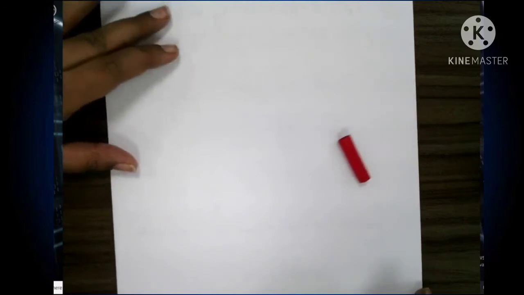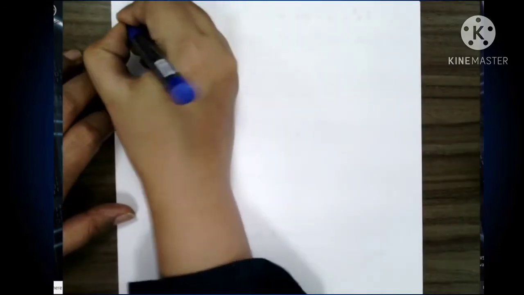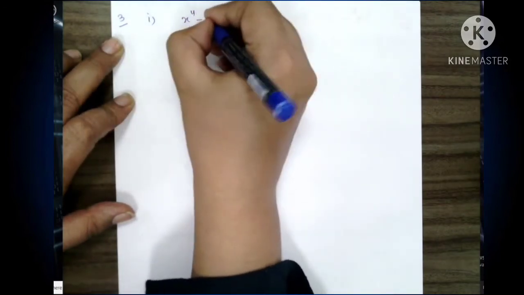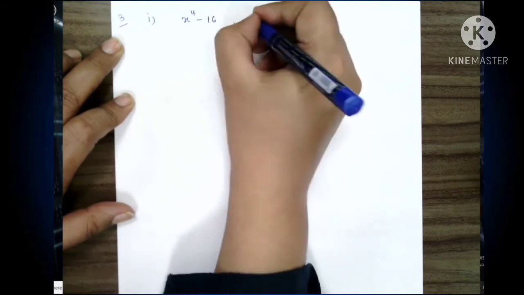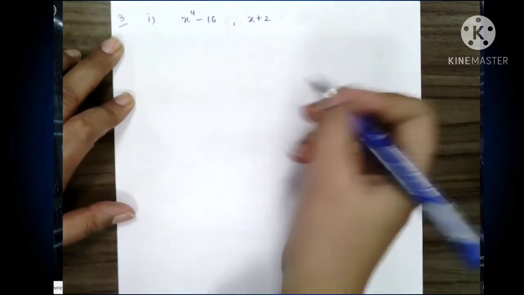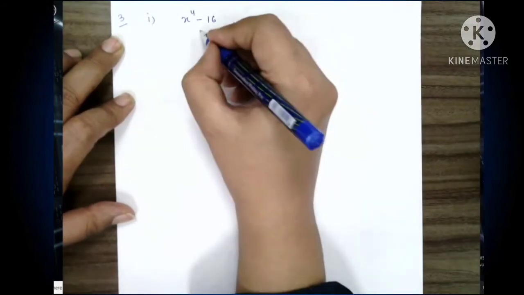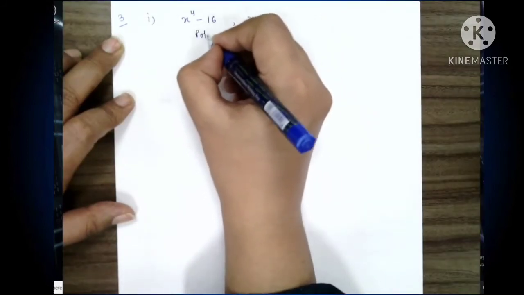The first part says x raised to the power 4 minus 16 and x plus 2. We have to check whether x plus 2 is a factor of this polynomial or not.